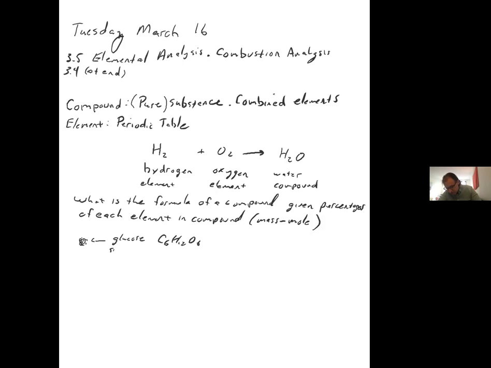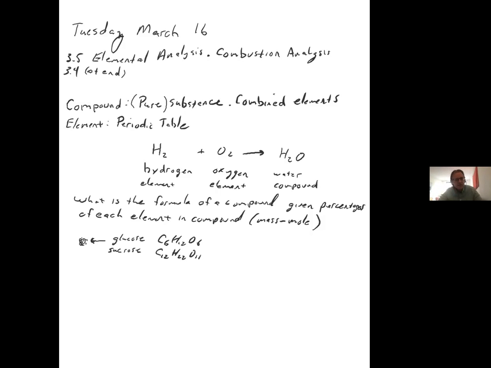Is it sucrose, which has a formula C12H22O11? You're trying to figure out what that substance is. And the way we're going to do this is we're going to do what's called elemental analysis. Okay, so that's the idea, is to figure out what a substance is based on some information, on some data that we're given about the substance, about the compound.